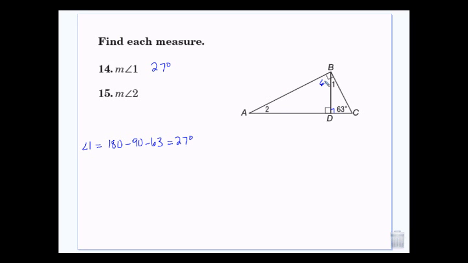So that makes this 63, right? If this is 27, that's 63. So angle 2 is 180 minus 90 minus 63. Hey, look at that. Interesting, don't you think?